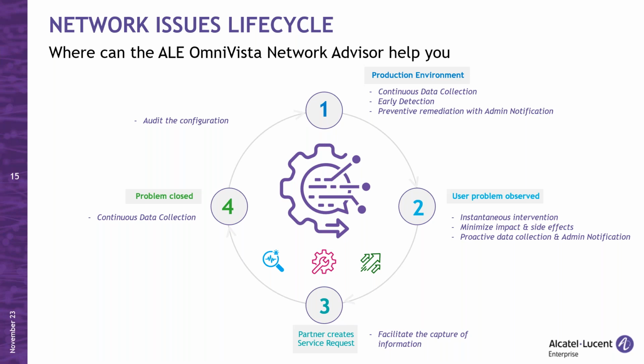In phase 2, when a network event is detected, the admin is notified and suggestions for remediation are made. At the same time, relevant data collection can take place to support the case in our ALE TAC. So it will be possible to touch the button and get the logs in real time when the problem is happening, not after, because sometimes after, the chance will not appear, and you will not have the possibility to collect the logs because the network may be down. So this is an important help that this tool can bring.